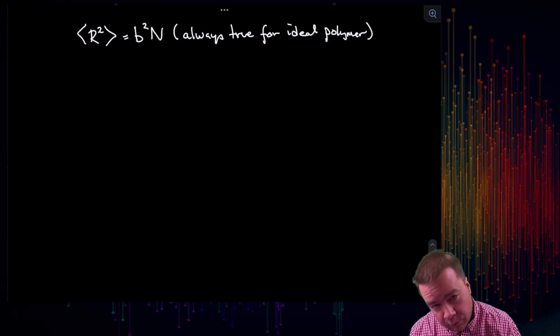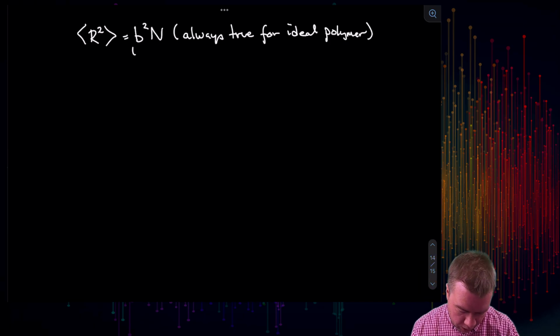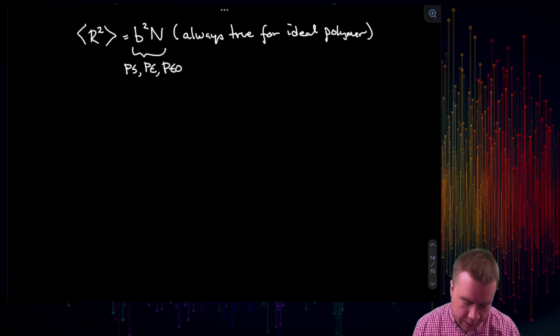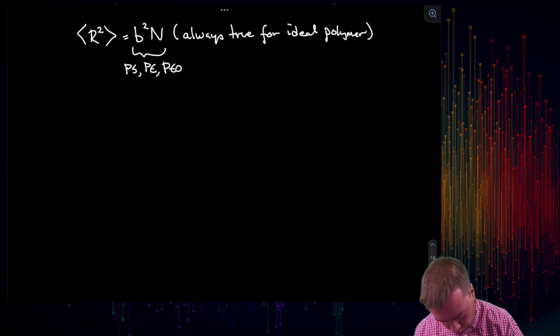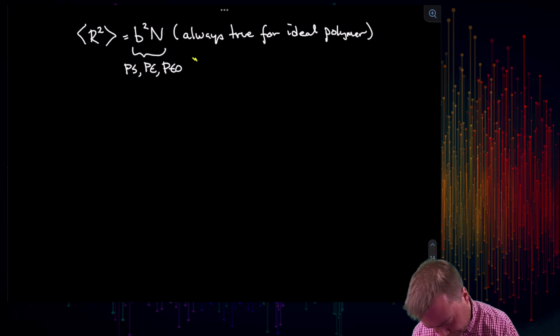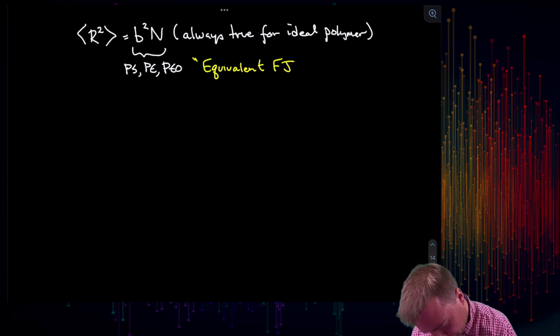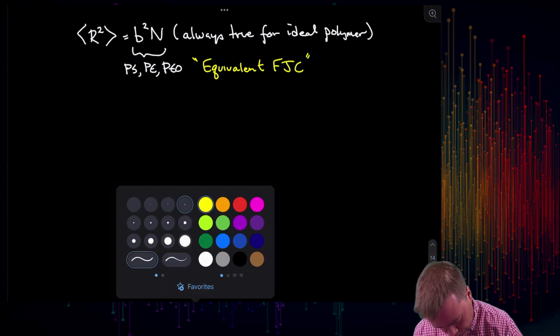And this is the result of taking whatever polymer we have, so polystyrene, polyethylene, polyethylene oxide, things like that, taking our polymer and constructing what we call an equivalent freely jointed chain.